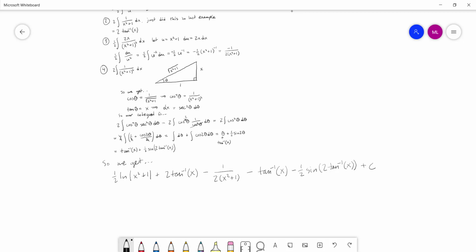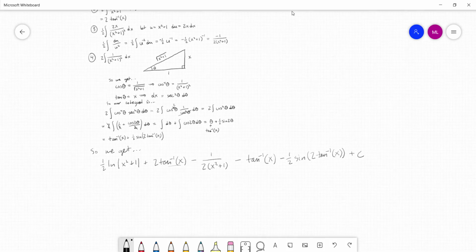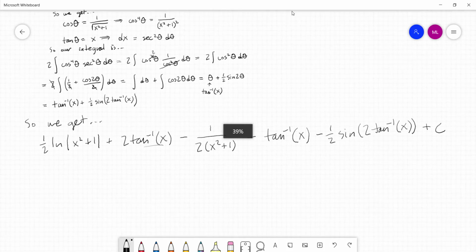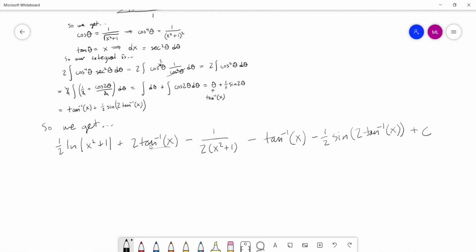So obviously simplify these a bit. These 2 pieces are like terms. We'll actually wind up with only one arctangent. And this piece over here will wind up giving us something that involves an x over x squared plus 1.